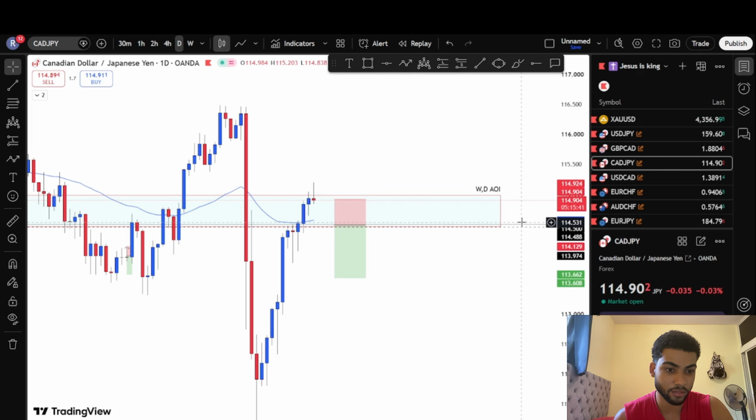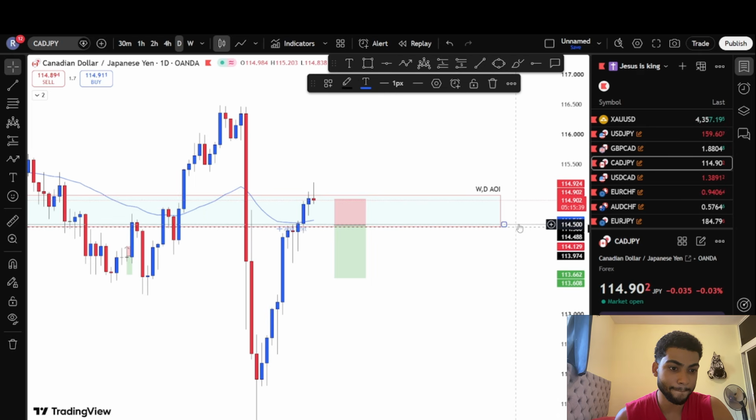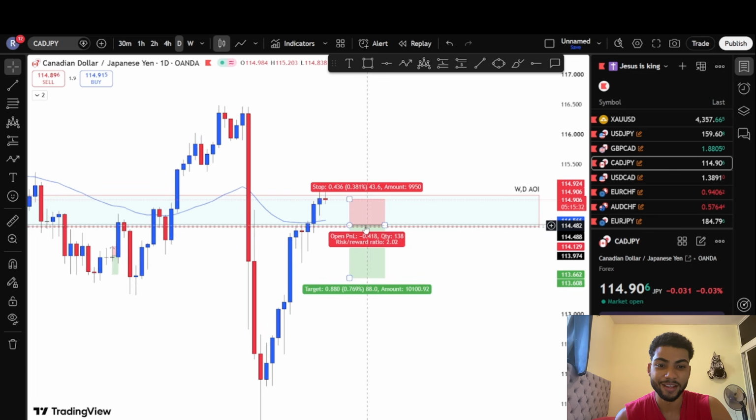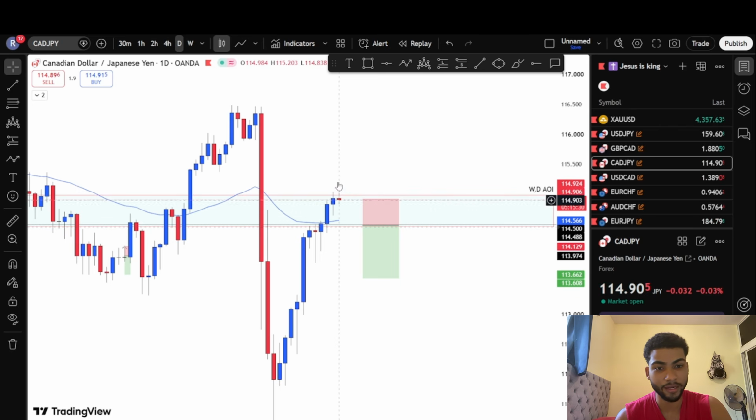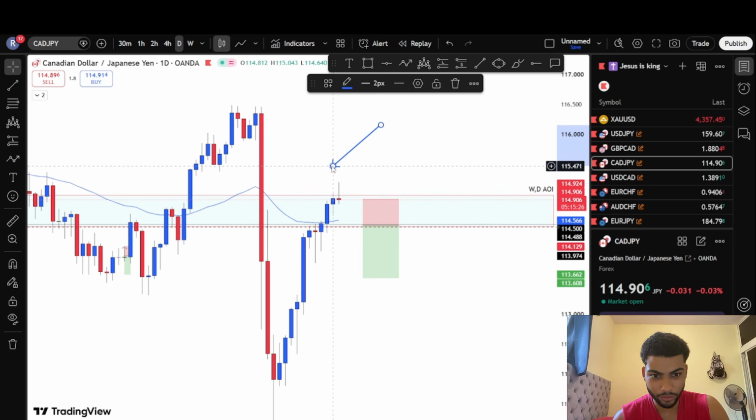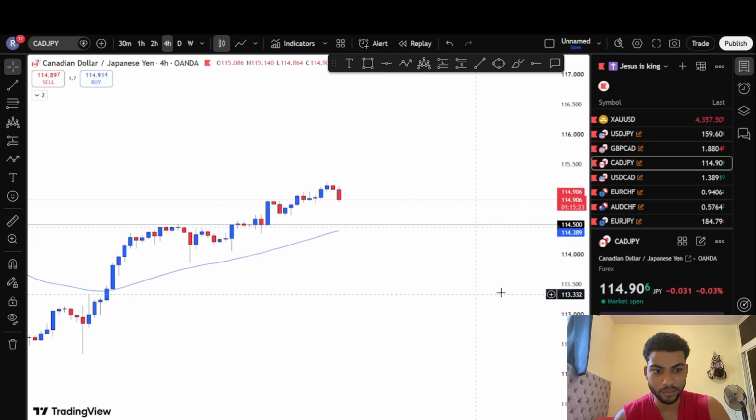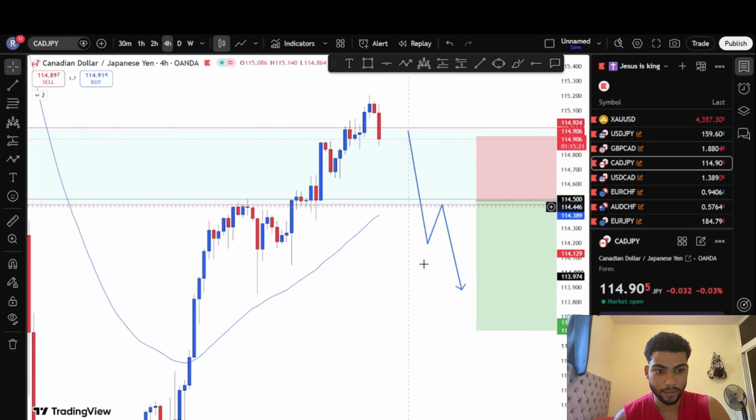And I also have this round psychological level, 114,500 to make it simpler. So what I'm waiting for, and I also love this rejection from this area, is this break and retest below this area.